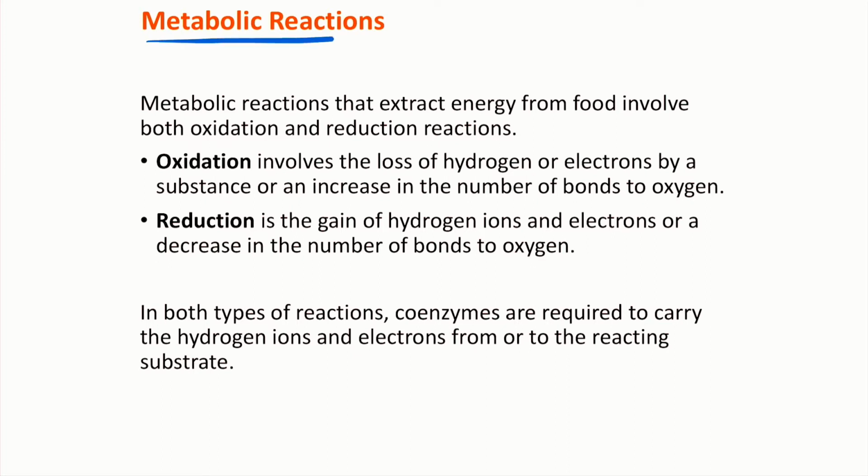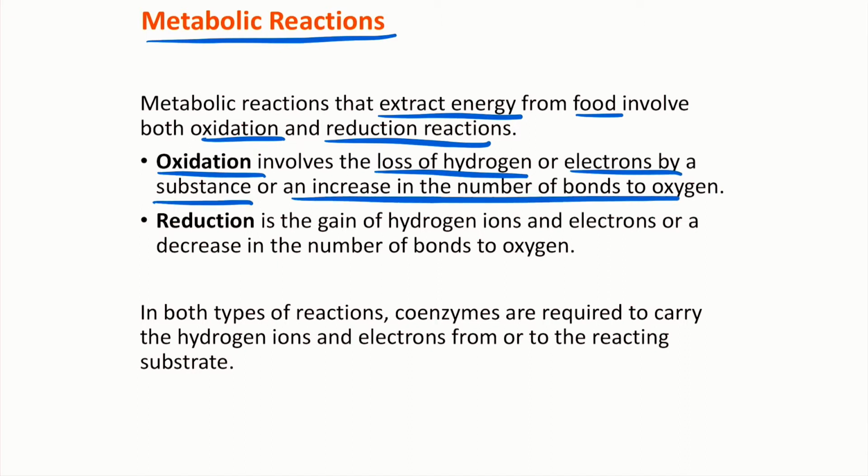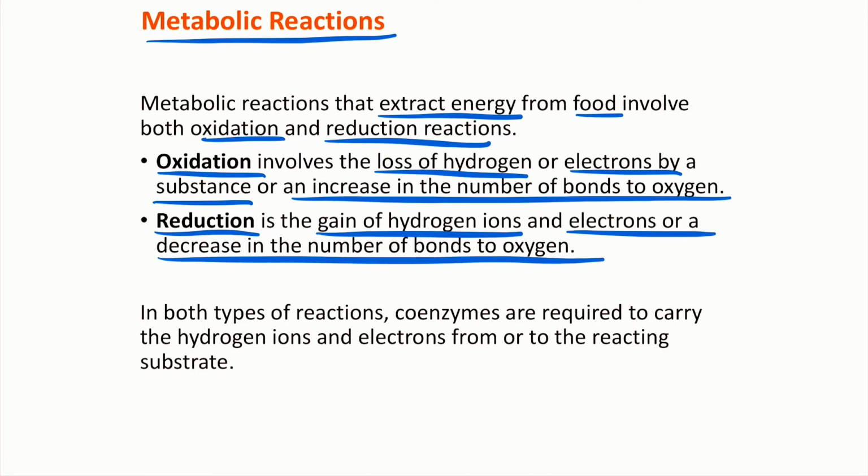So let's start with metabolic reactions. Metabolic reactions that extract energy from food involve 2 types, both oxidation and reduction reactions. Oxidation involves the loss of hydrogen or electrons by a substance, or an increase in the number of bonds to oxygen. Reduction is the gain of hydrogen ions and electrons, or the decrease in the number of bonds to oxygen.